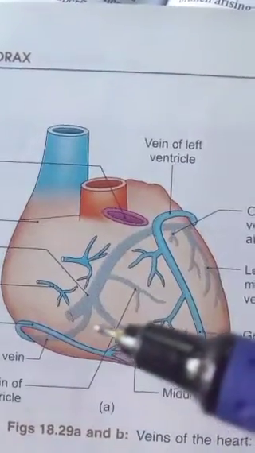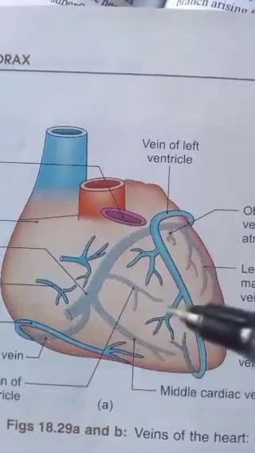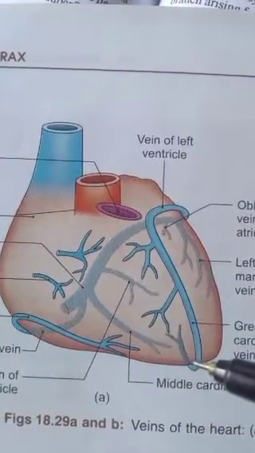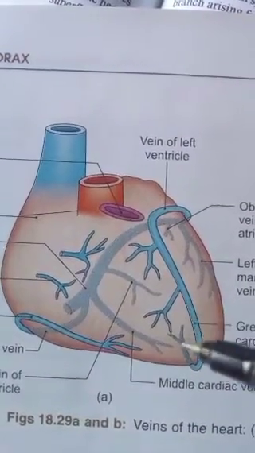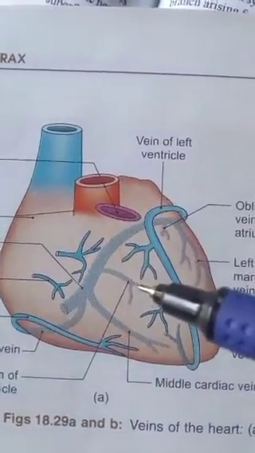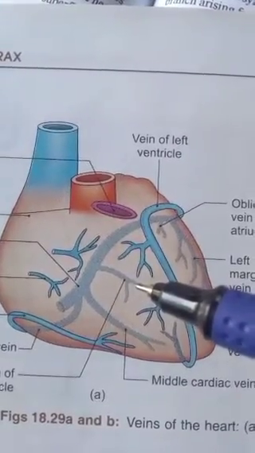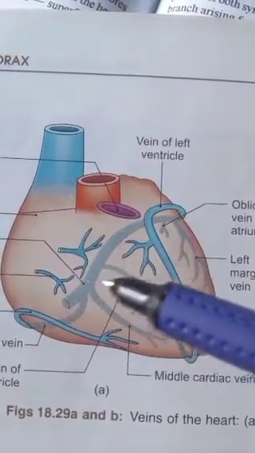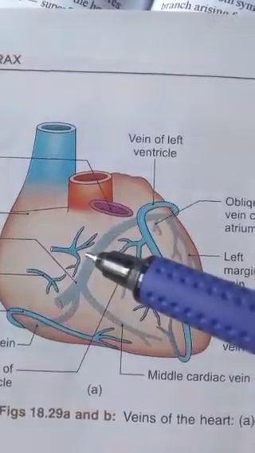There is widespread anastomosis at all the levels of cardiac circulation. The adjacent veins also show anastomosis. Apart from it, connections also exist between the tributaries of the coronary sinus and anterior cardiac veins.